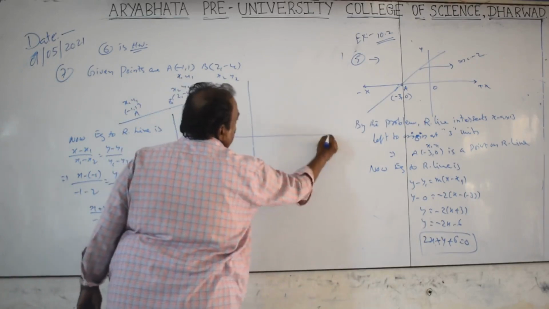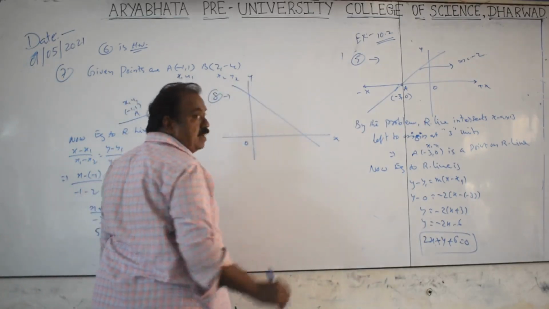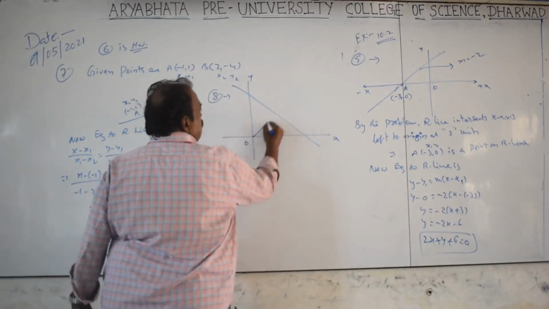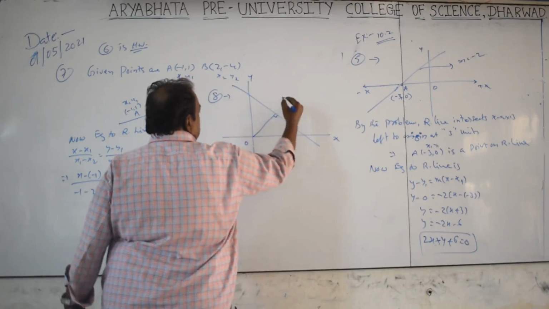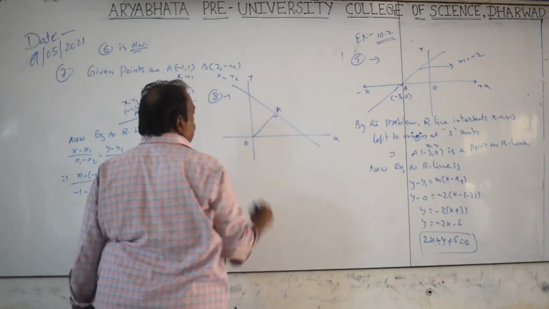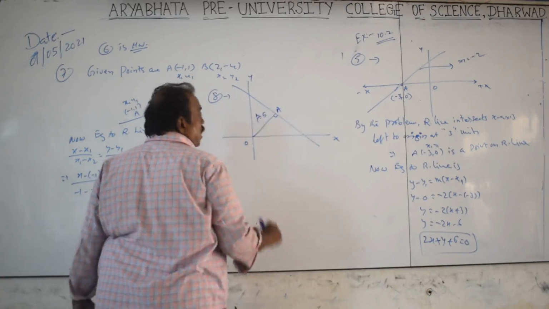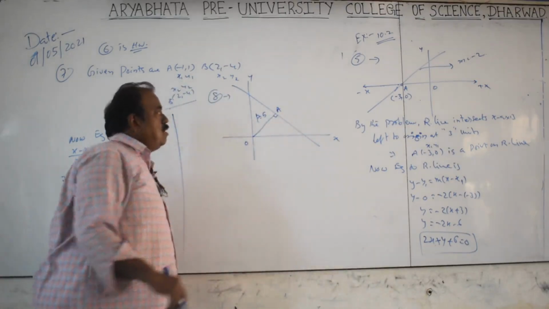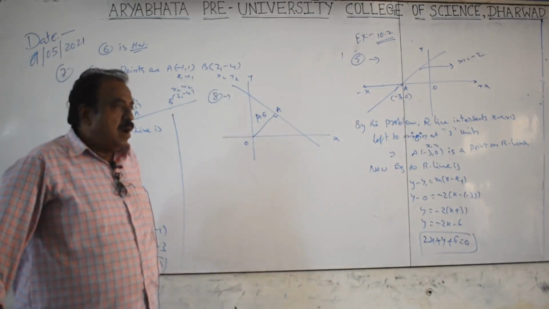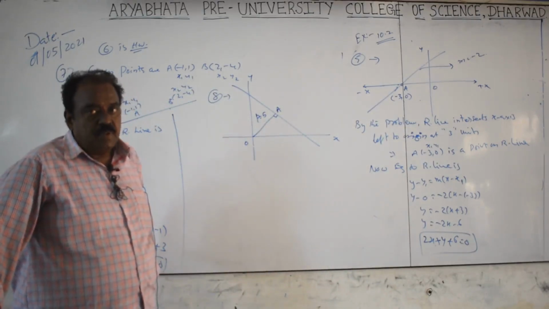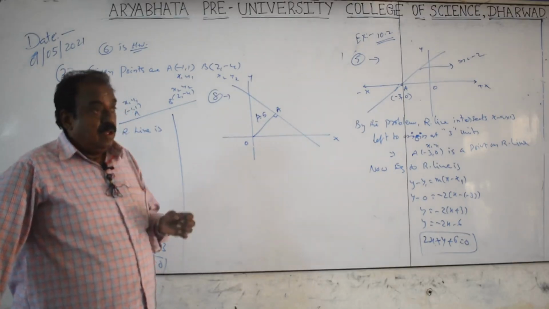This is the x-axis, y-axis, and the origin. A line is like this. From the origin to the line, say there is a point. This is the length of the perpendicular drawn from the origin to the line. 5 units is given. It is the normal form, the very last but one form.